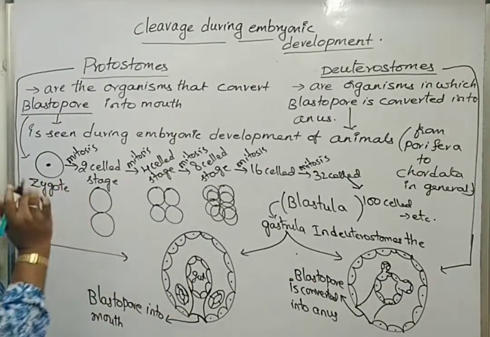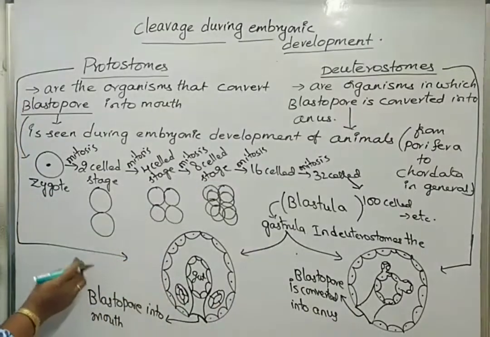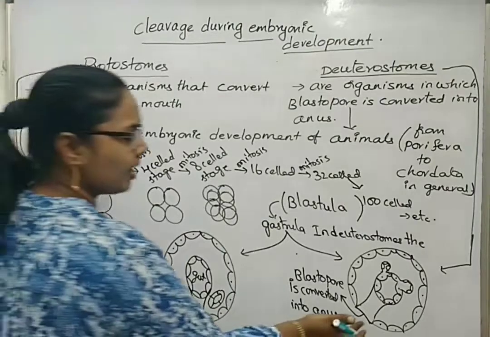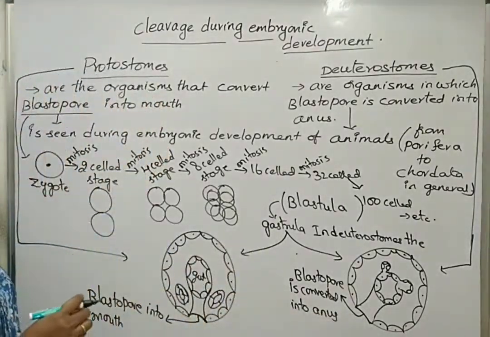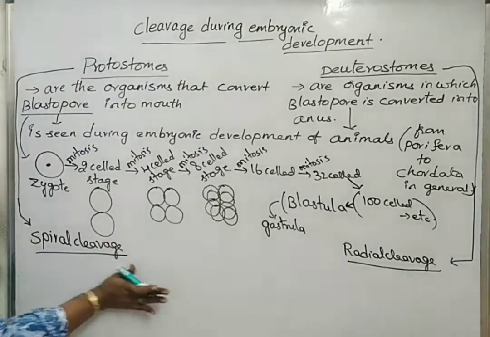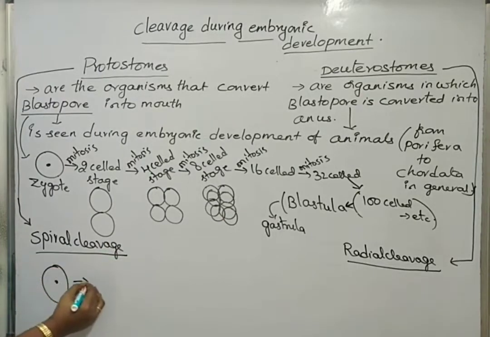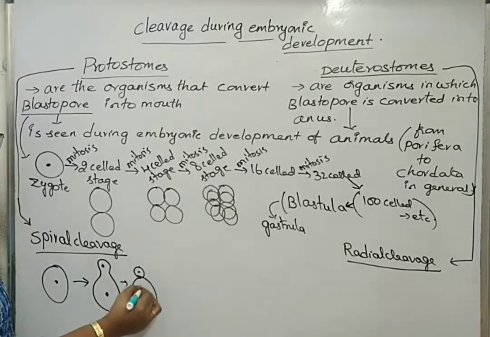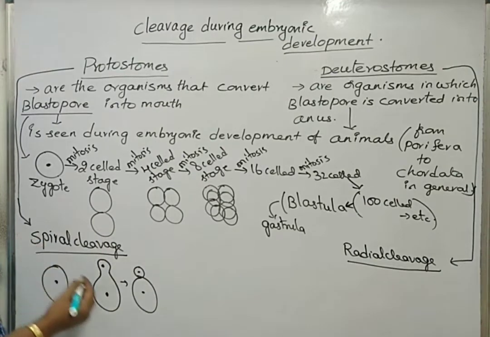Now about this cleavage. How all these structures are formed, it varies. How blastopore is getting converted into mouth and blastopore into anus, it all depends upon the types of cleavages. In case of protostomes, if this is the zygote initially, next it will show special type of constriction which is smaller at one area and bigger at another. So this will be one cell, this will be another cell. So now we have got two different shaped cells in case of spiral cleavage.